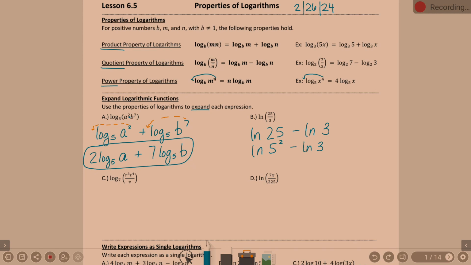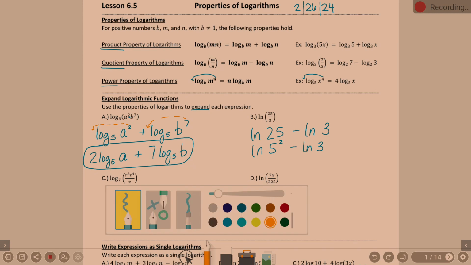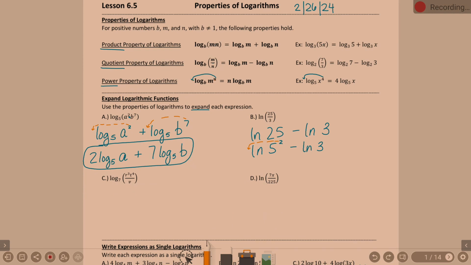What does our power property say? You can take that power and move it out front. So in our case, we're going to take the 2 and move it out front. So if I move that 2 out front, what does this look like? 2 natural log of 5 minus natural log of 3.